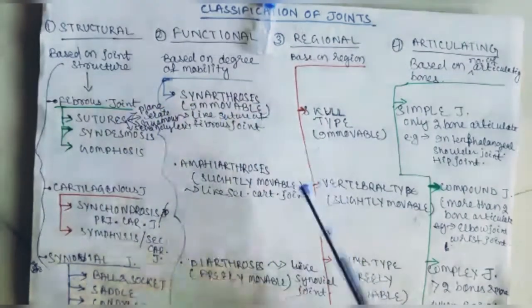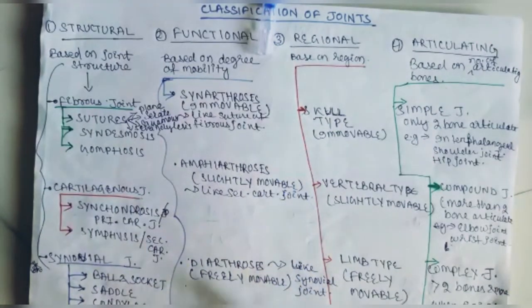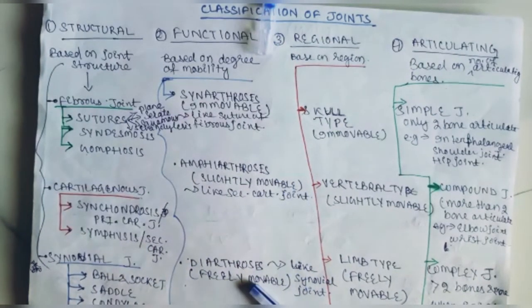Synarthrosis is immovable, amphiarthrosis is slightly movable, and diarthrosis is freely movable. Now we can say that synarthroses are the fibrous joints, amphiarthroses are like secondary cartilaginous joints, and diarthroses are like synovial joints.